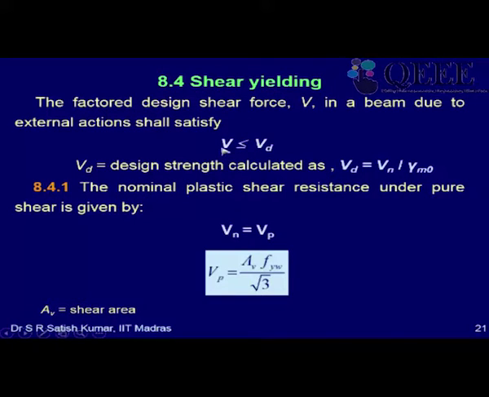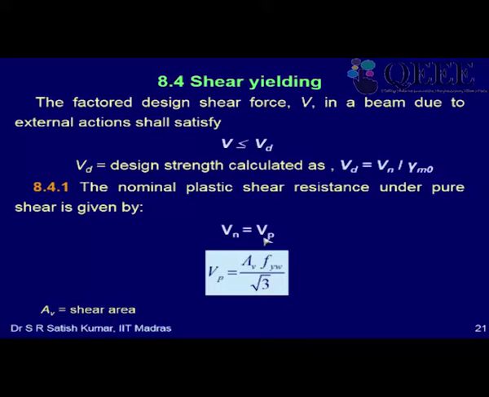It says that the shear in your section should be less than the design shear capacity Vd, where Vd is the nominal shear by gamma m naught, where Vn is nothing but Vp, also the full plastic shear capacity of the web.